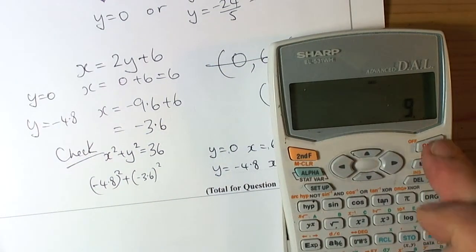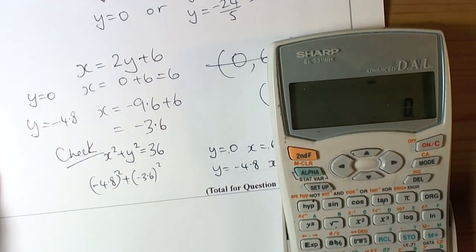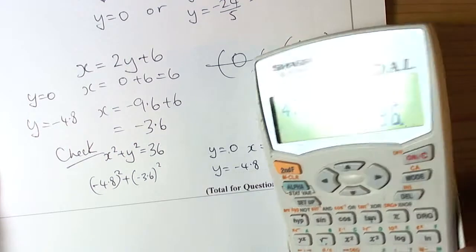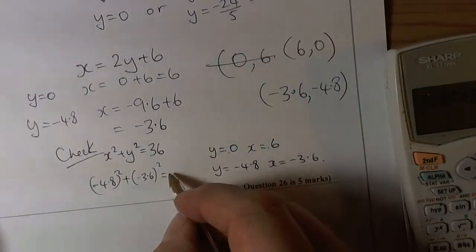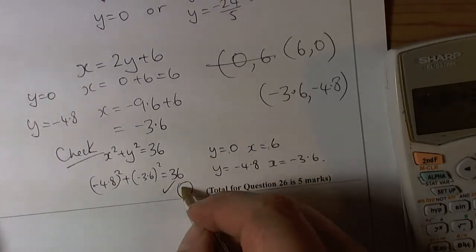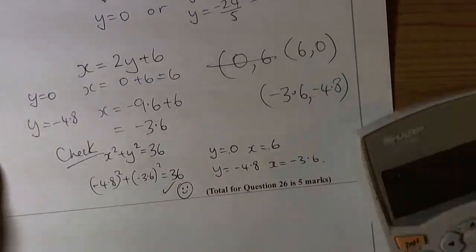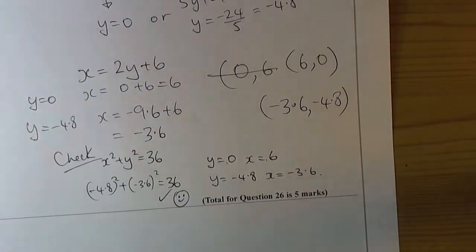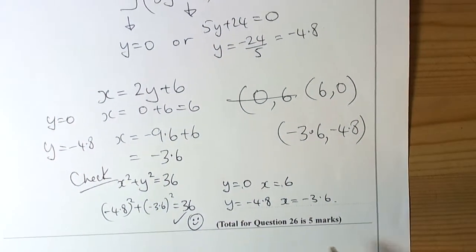So 4.8 squared, don't need the negative because squaring would cancel that out anyway, plus 3.6 squared equals 36. So after all that hard work, we can be happy that through our check we found the answer was correct.